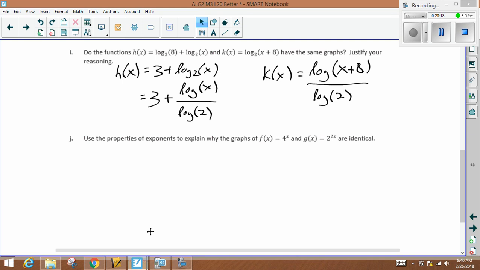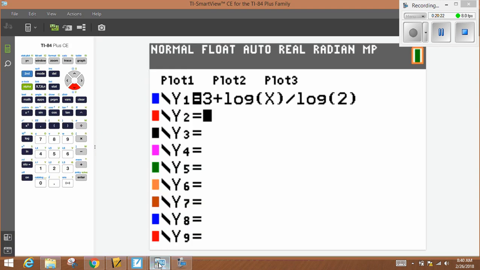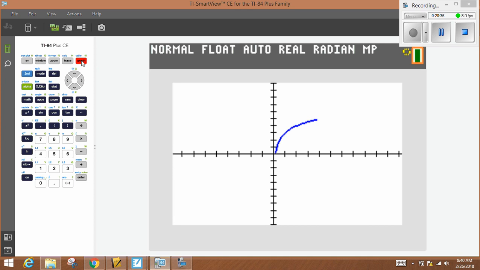We named it h of x, and now let's do k of x. Do you need to see that again? Sorry, I moved a little quickly. Do you want me to go back to y equals?